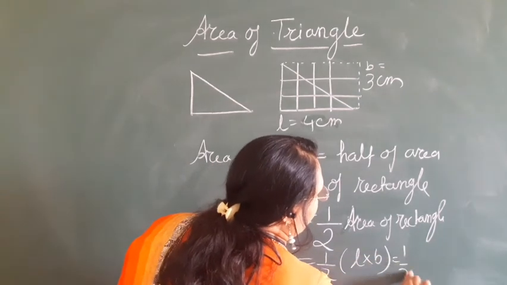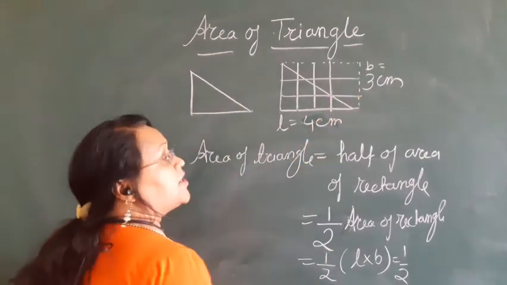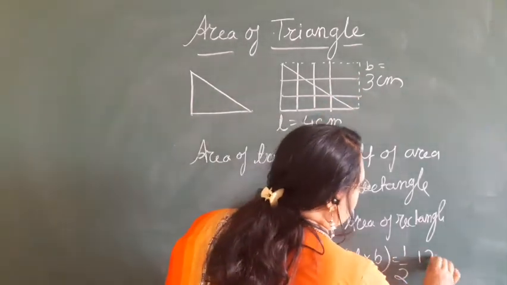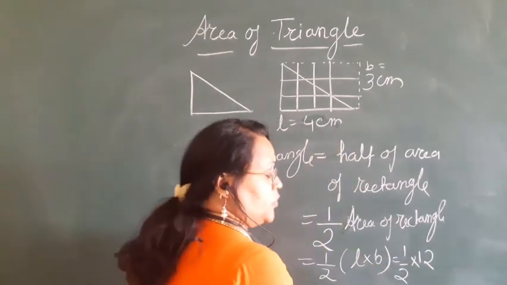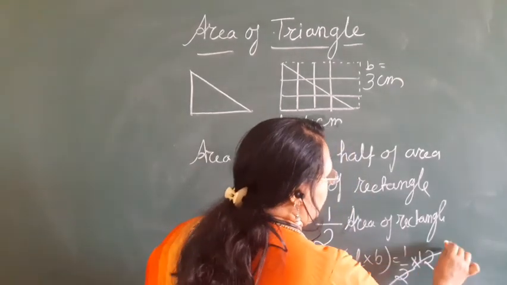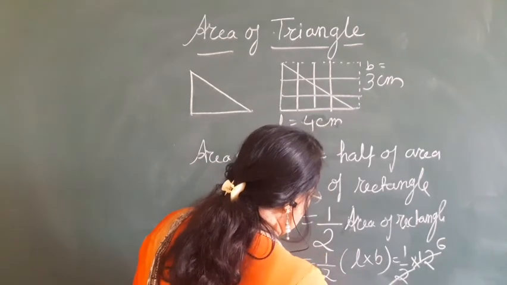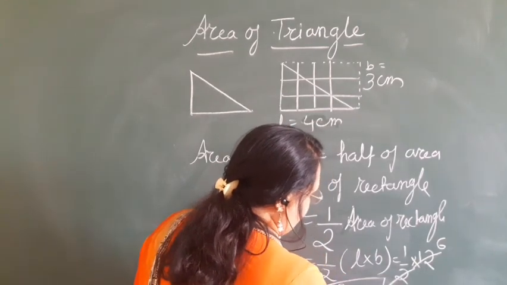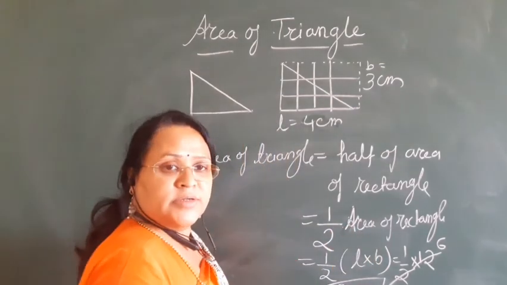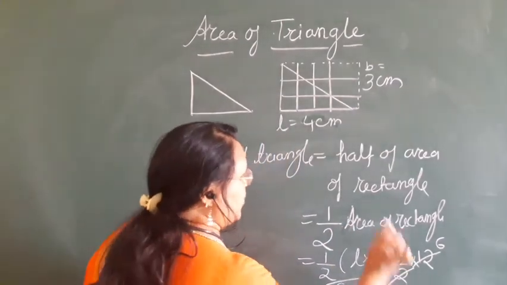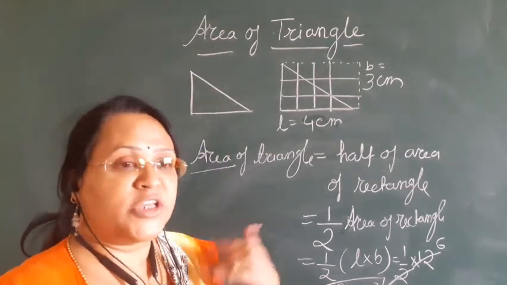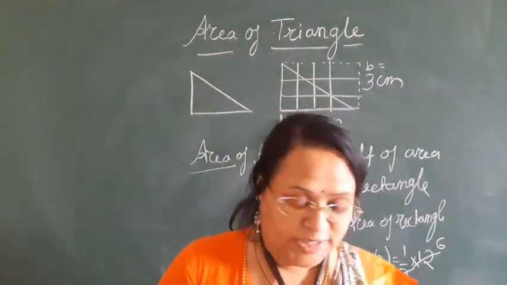It means half of length into breadth, 3 multiplied by 4. 4 threes are 12. 2 ones are 2 and 2 sixes are 12. So area of triangle is 6 square centimeter. It is square because we are finding area. Area is always measured in square units.